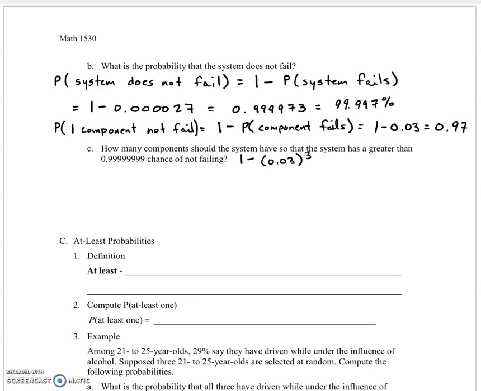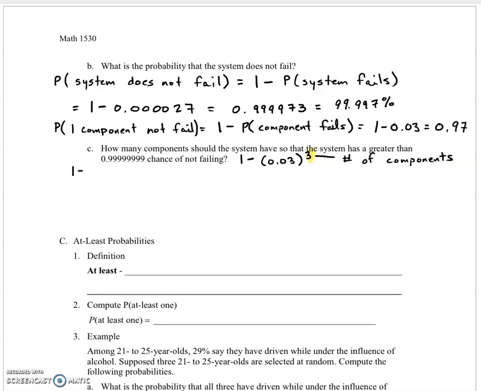This exponent, remember, is the number of components we have. So we just need to keep increasing that number until we get a number that is at least 0.9999999. We need this number or bigger.